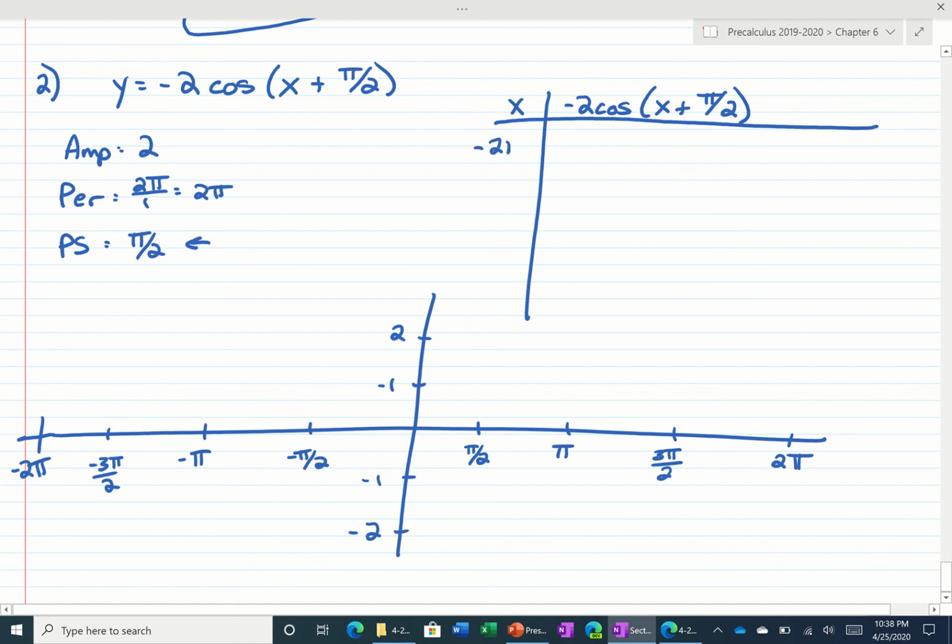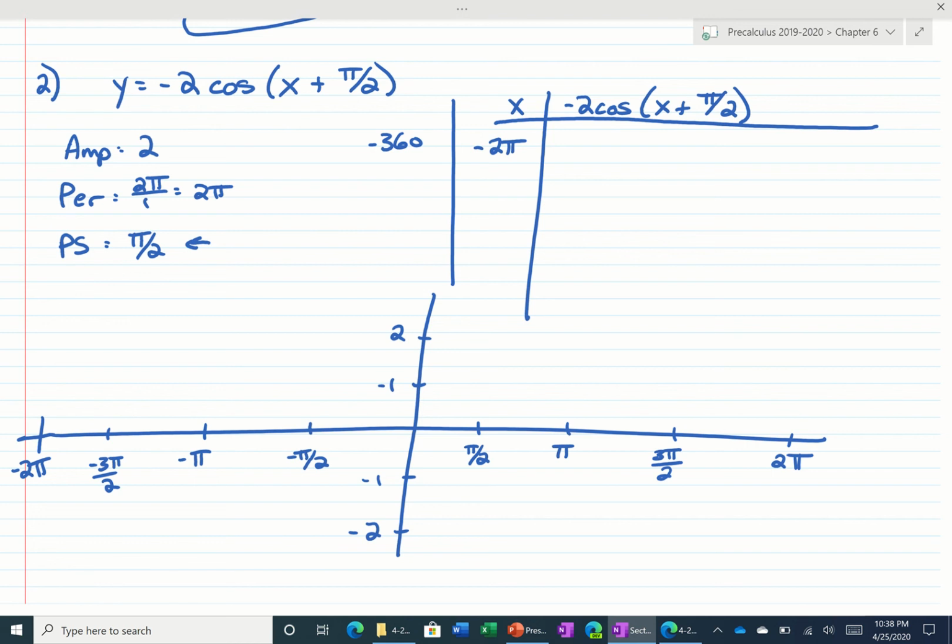Like let's try -2 pi, which in degrees is -360. If you have to convert, it's not a big deal. Just on your calculator, hit the degree button and convert it over to radian mode. It says RAD. So I'm going to type -2 times the cosine of variable A plus pi divided by 2.